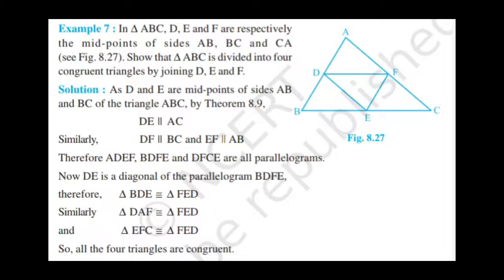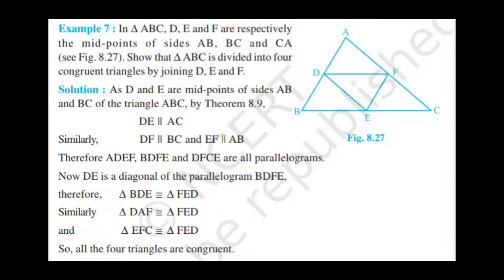Then here, first consider the midpoint D and the midpoint F. Join them and you will get DF. If we prove DFEB is a parallelogram, we will get DE as its diagonal.